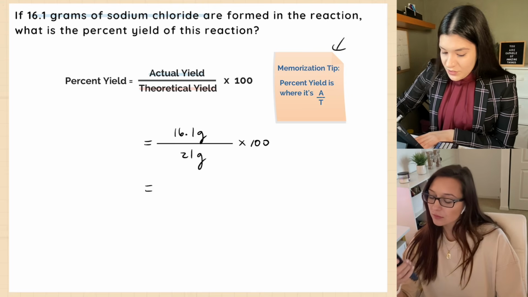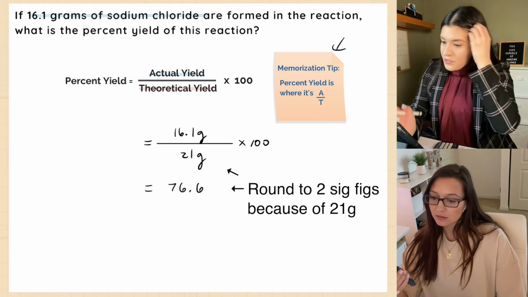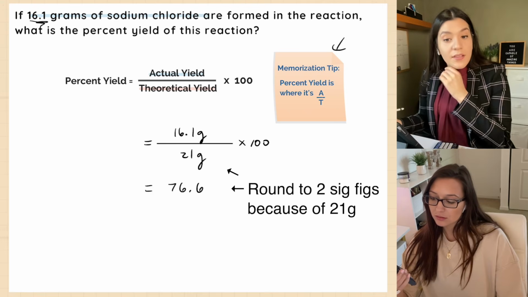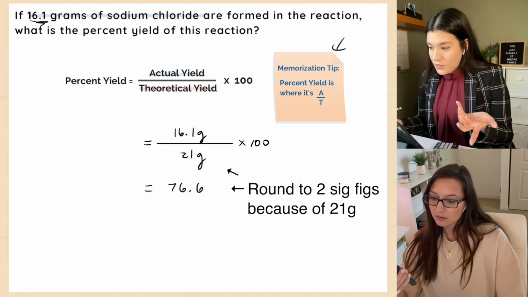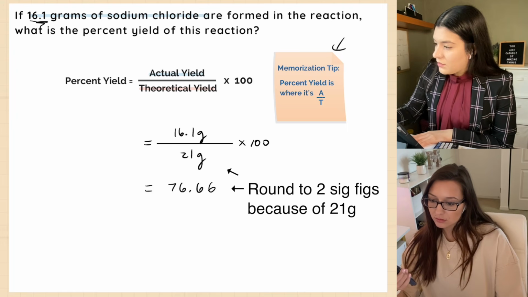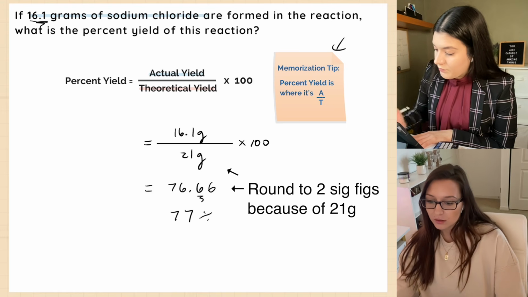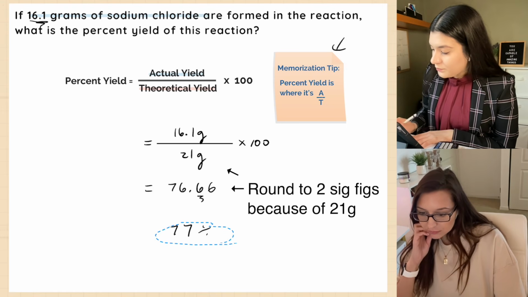This has 3 sig figs, so I am going to round to 3 sig figs. So I'll round up to 76.7%, because this is percent yield.